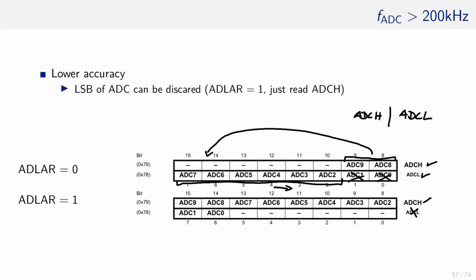Convenient, isn't it? Therefore, if the software developer decides to run the ADC at frequencies larger than 200 kHz, it is very convenient to set ADLAR to 1 to discard the 2 least significant bits automatically.